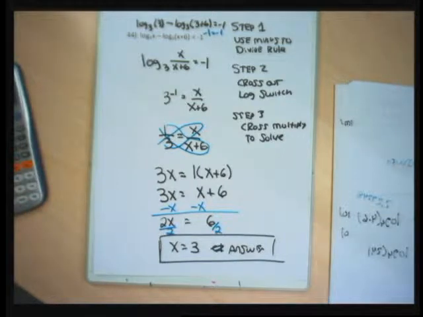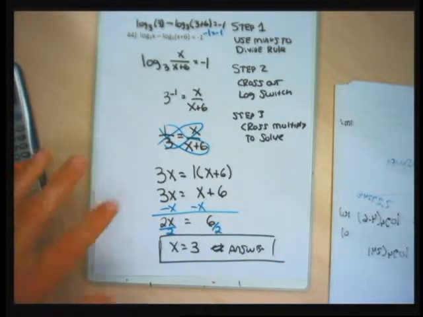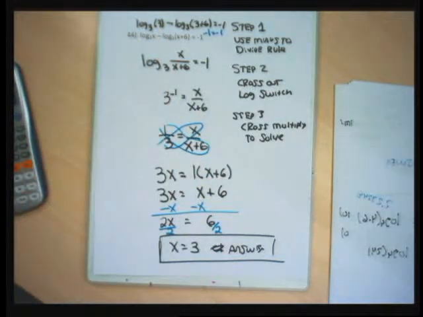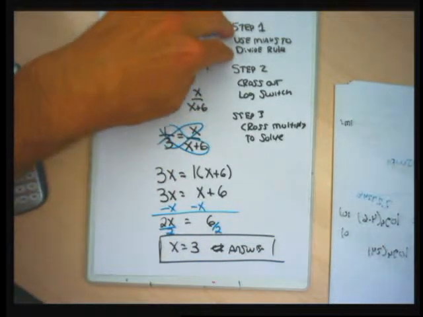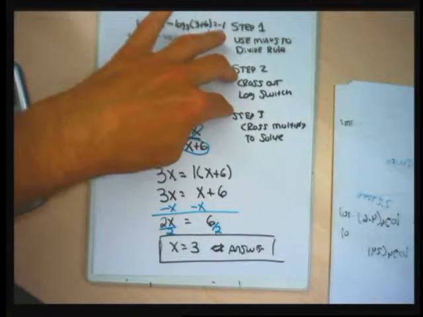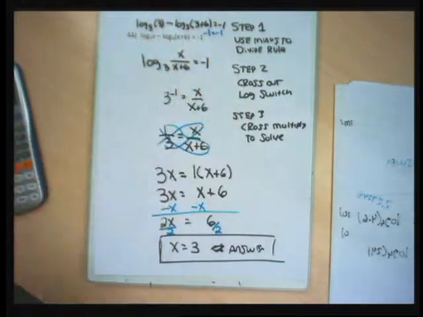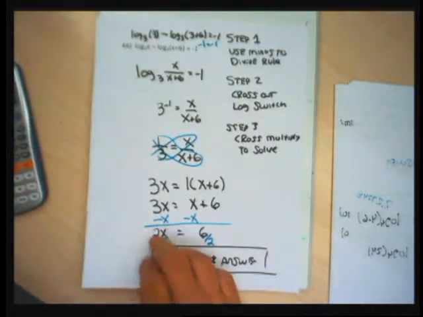What 46 has in common with 44: two logarithms separated by a minus. I'm going to use the minus to divide rule and then use the same strategy of crossing out the log and switching, but I'll need cross multiplying to solve. So 46, two logarithms separated by a minus.